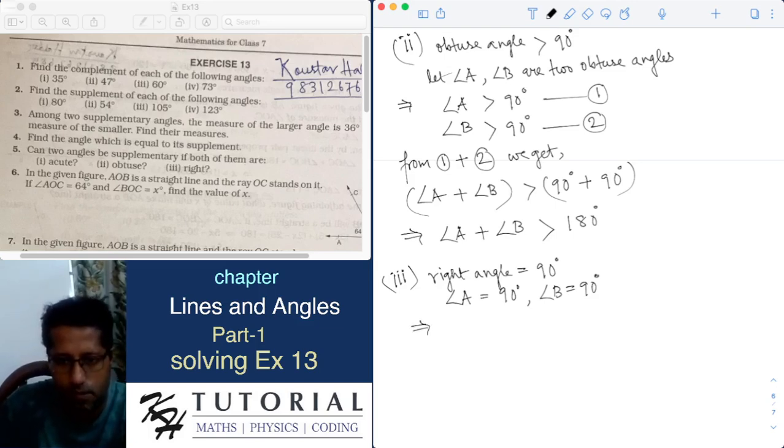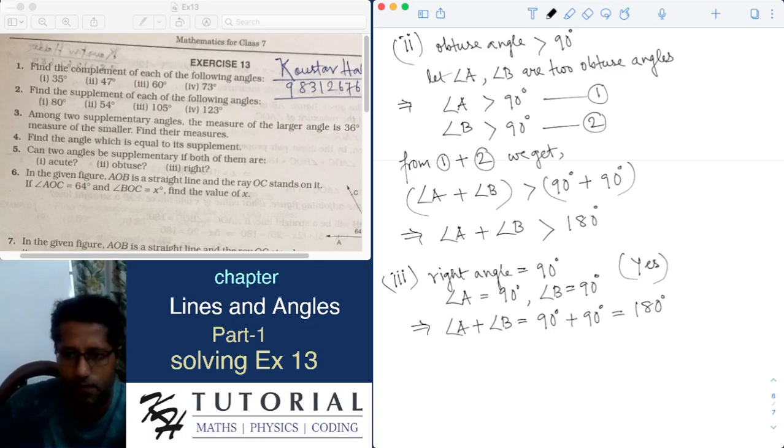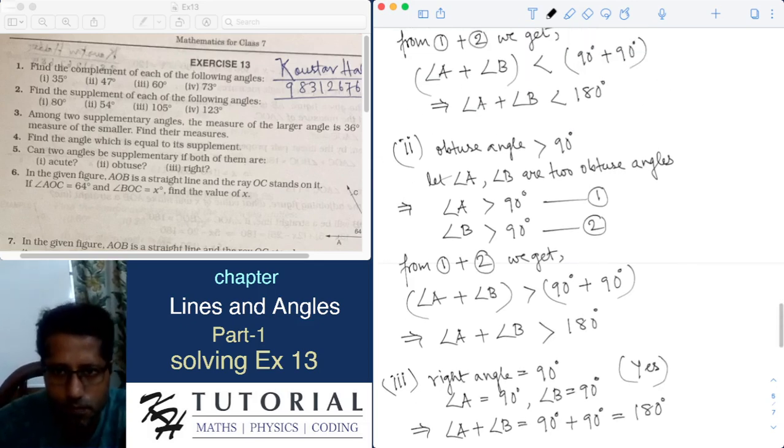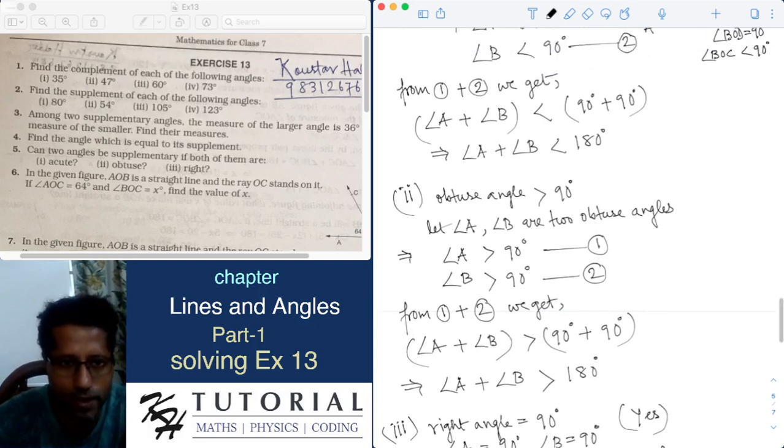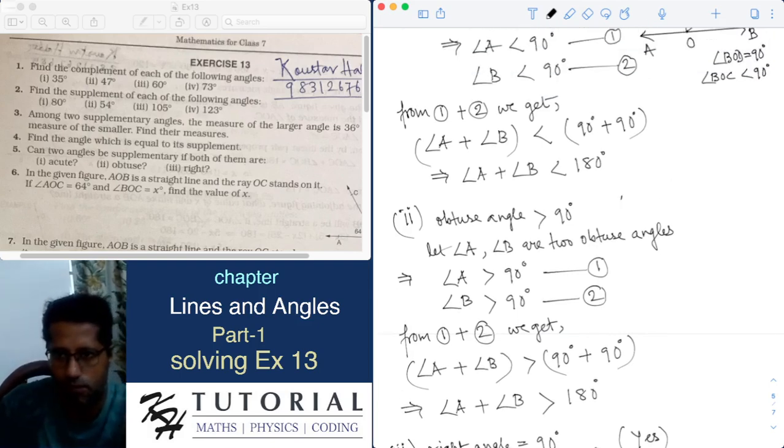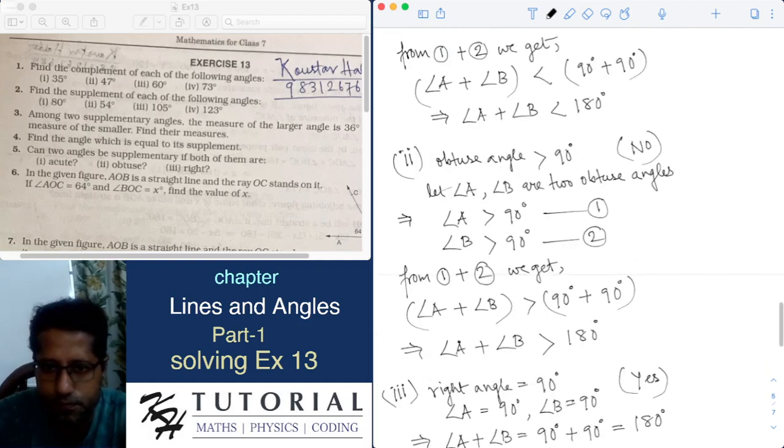This implies the sum of their angles, angle A plus angle B, will be 90 degree plus 90 degree, which is obviously equal to 180 degree, and so they can be supplementary angles. So two acute angles or two obtuse angles cannot be supplementary angles.